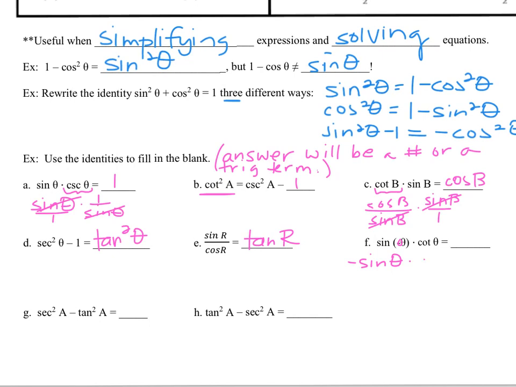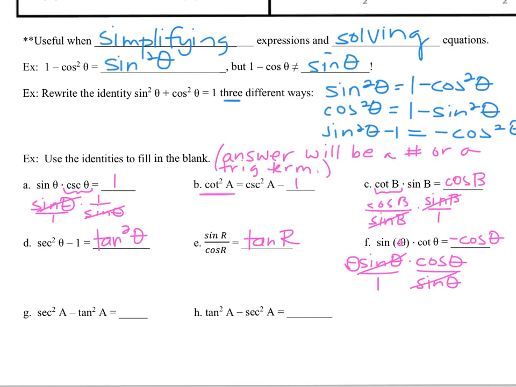Cotangent theta would be the same as cosine theta over sine theta. Now, when we simplify this and we put sine theta over 1, the sines cancel. And this time we have a negative times cosine. That makes our answer negative cosine theta. How are we doing so far? Just kind of applying those identities up above.